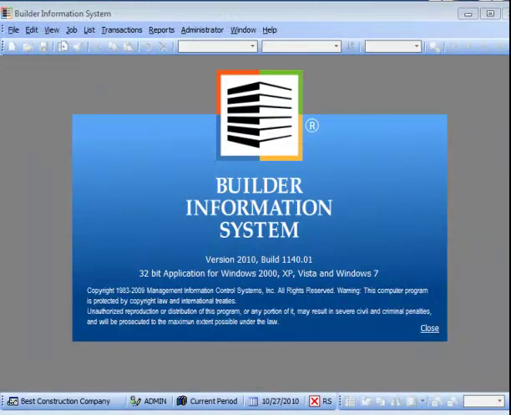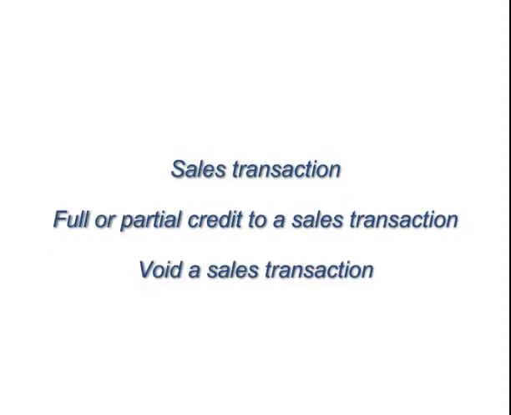Now let's look at the cash receipts transaction process. As mentioned earlier, there are 3 types of transactions that can be processed with the accounts receivable credit card process via PPI. A sales transaction, full or partial credit to a sales transaction, or void a sales transaction.